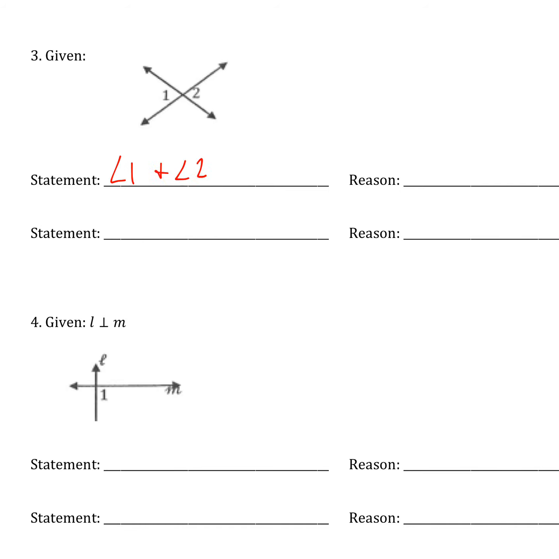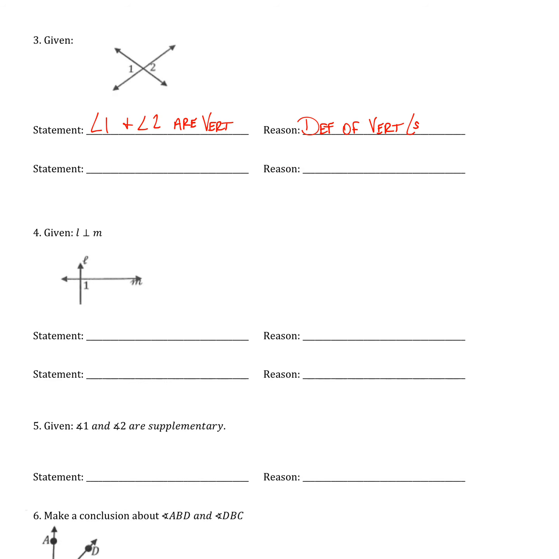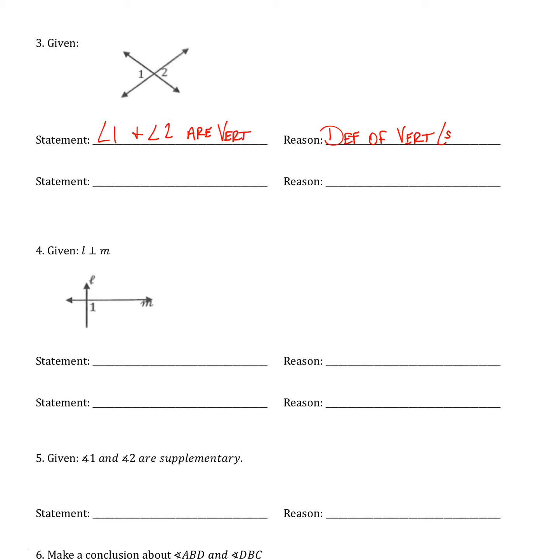Angle 1 and angle 2 are vertical, and the reason we can say that is the definition of vertical angles. And because they are vertical, that means my two angles are congruent, because that is our vertical angles theorem.